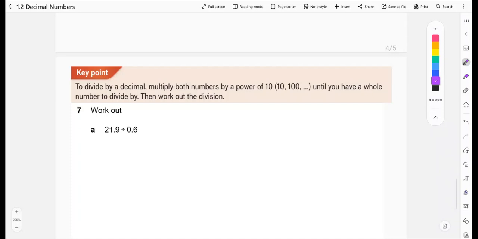So for this one, I've got 21.9 divided by 0.6. I don't know my 0.6 times table. So I'm going to multiply both sides by 10. So this number would become 219. And this number becomes 6. So I can actually do the calculation of 219 divided by 6.